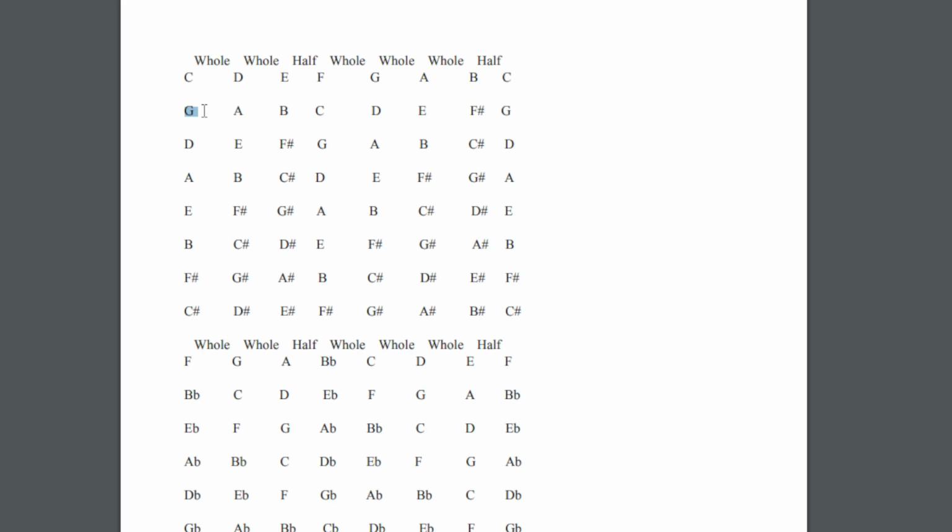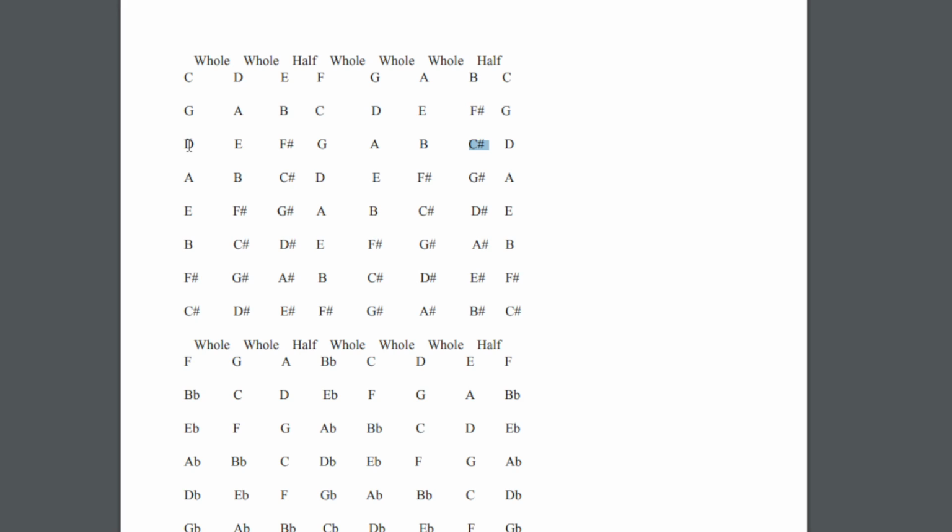If we count up 1, 2, 3, 4, 5, D is the fifth note in the key of G. So D is the root note of the next key that has two sharps. F sharp comes over, and then C sharp is the new one.